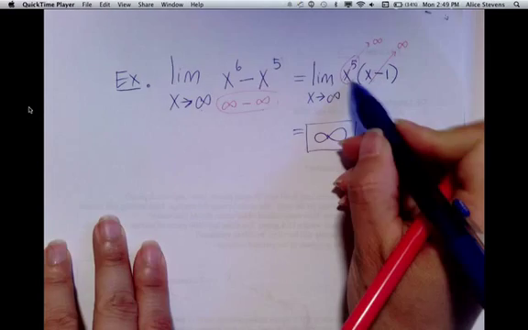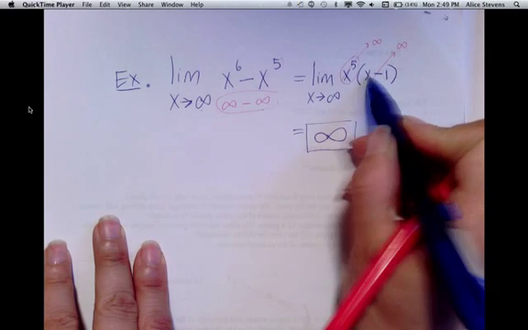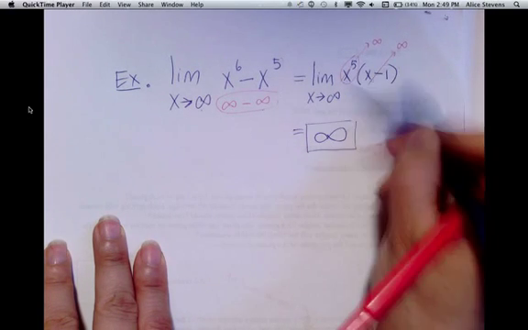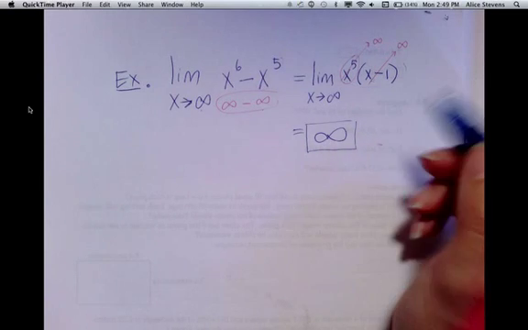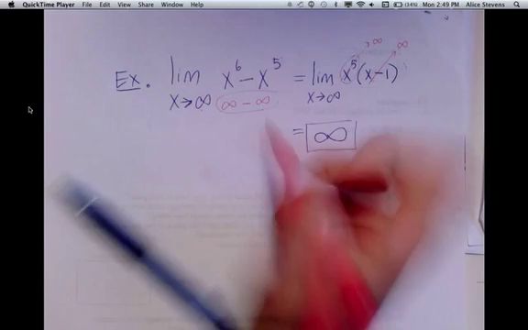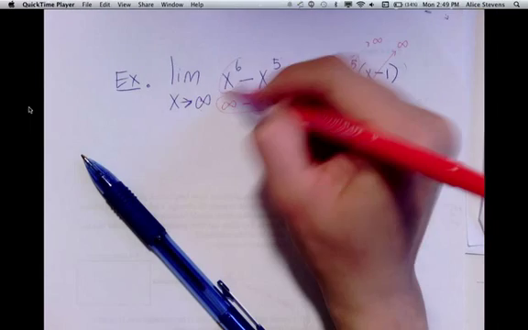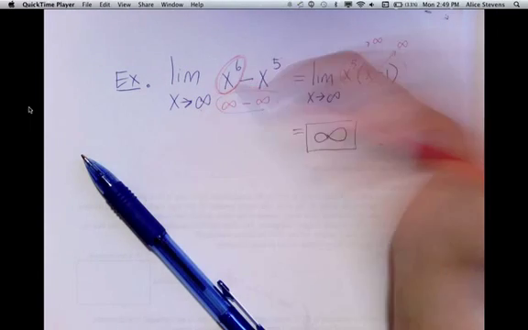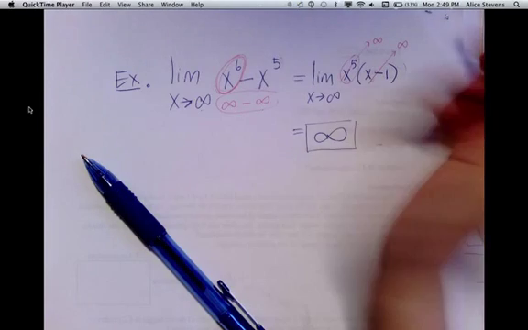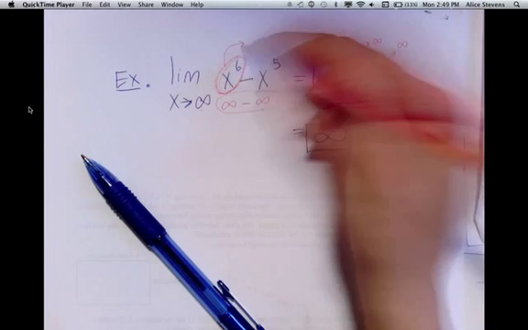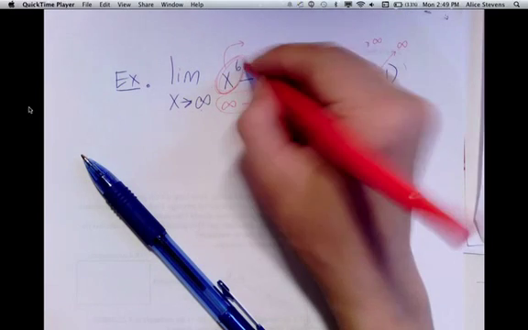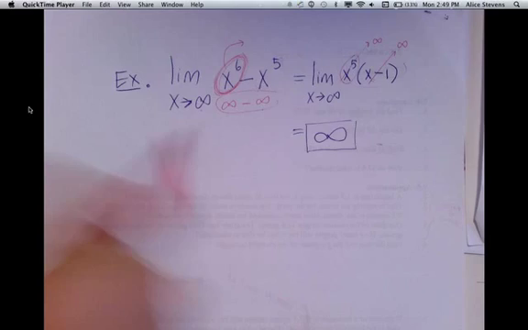So I have two things that are growing huge, and I'm multiplying them. So their product is also growing huge. Another way to look at this is that this is a polynomial, and from algebra we know that the leading term really dominates the behavior of the polynomial. So that's the end behavior, and this polynomial is going to have end behavior that is towards infinity.